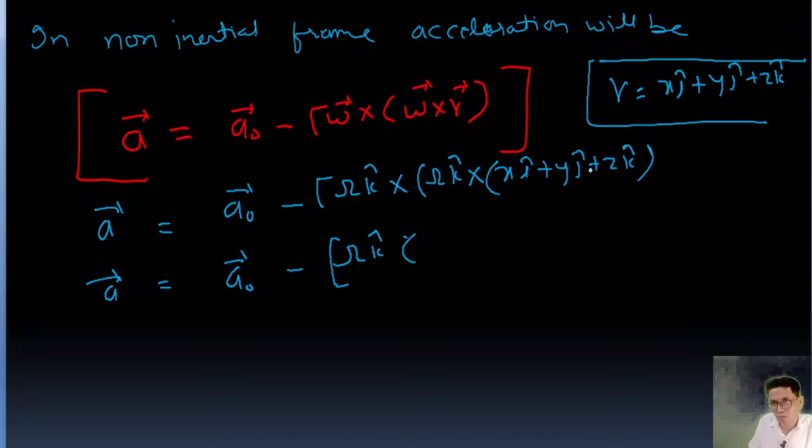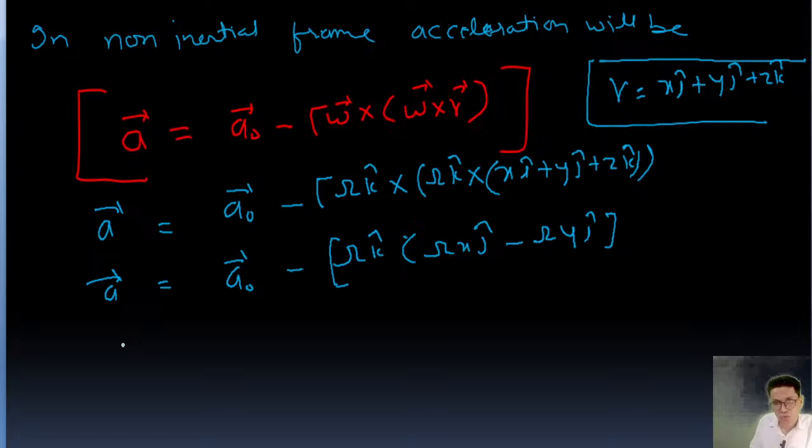So this is going to be omega x, k cap cross i cap means j cap, minus omega y, k cap cross j cap. K cap cross j cap is minus i cap, so minus I have already taken, so i cap. And k cap cross k cap is going to be 0.